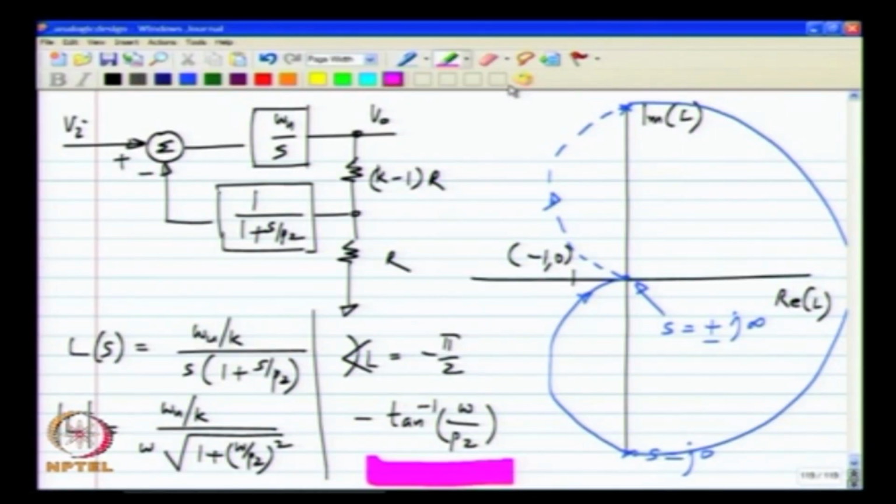Now, the key point here to note is that the angle is nothing but the angle from the positive real axis. The phase lag is this particular angle, this is the angle of L for any particular frequency. You can see that it can become 180 degrees for omega equals infinity.